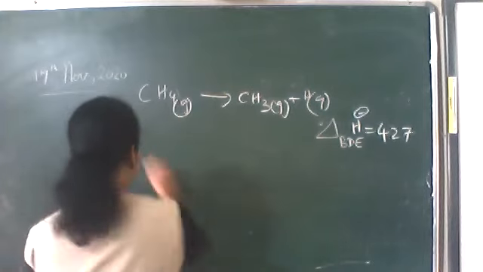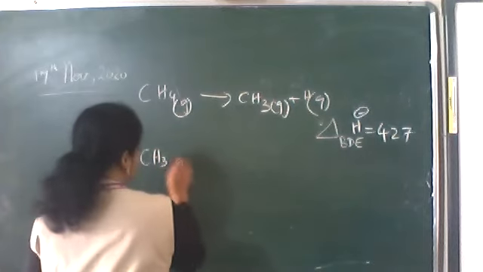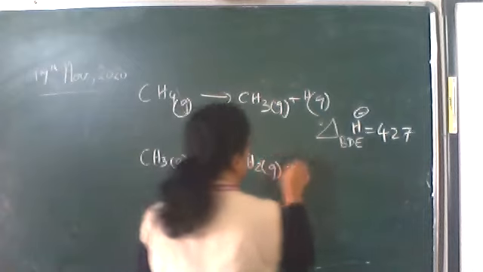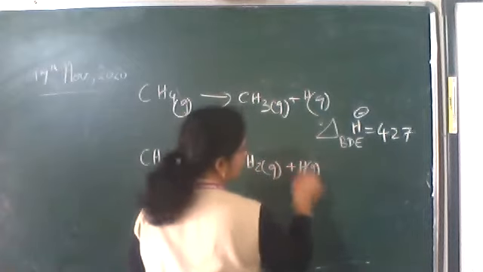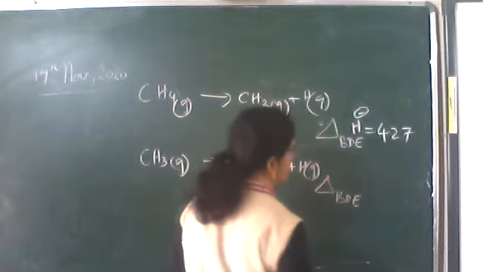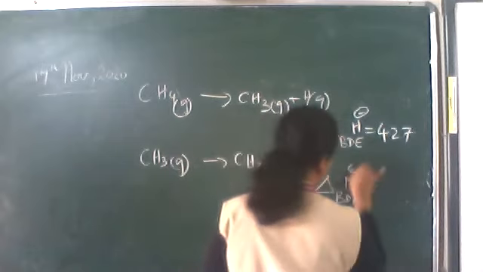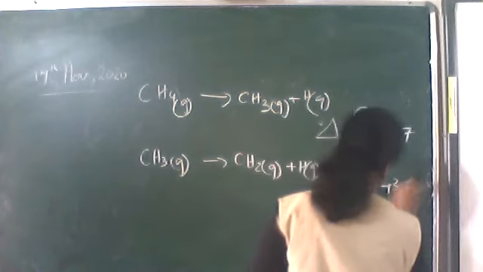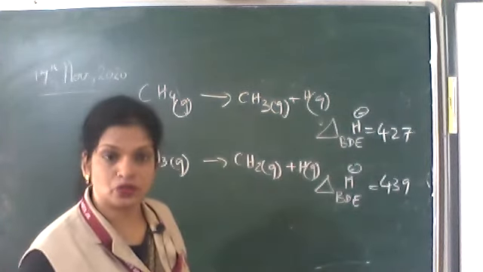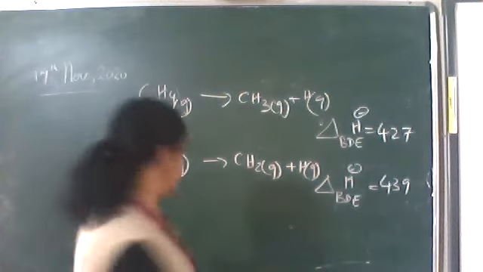Now from CH3 gas to CH2 gas and H gas, delta BDE standard is equal to 439 kilojoules per mole. Again C-H only, the bond is C-H only, but the environment is different.